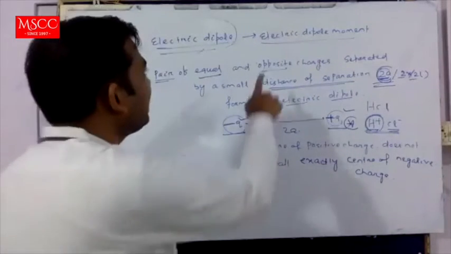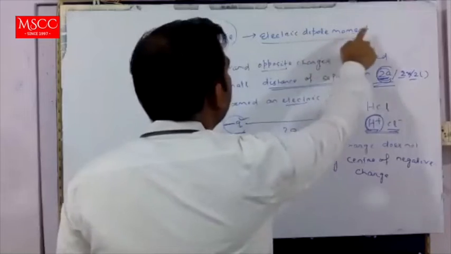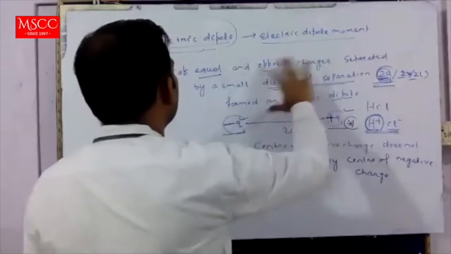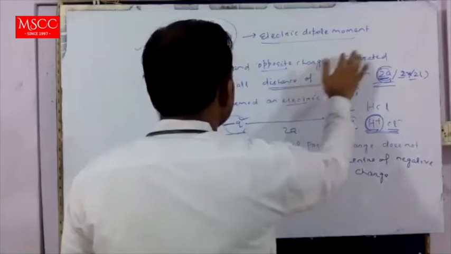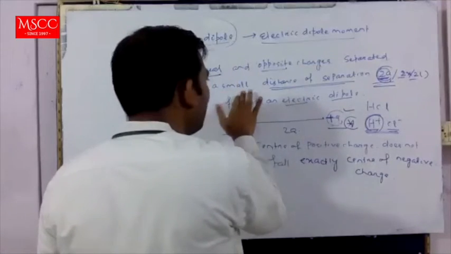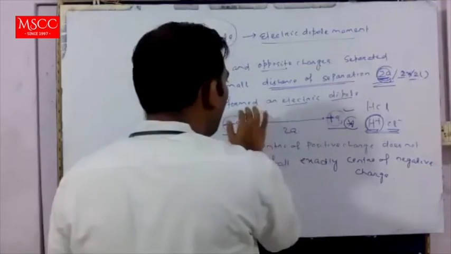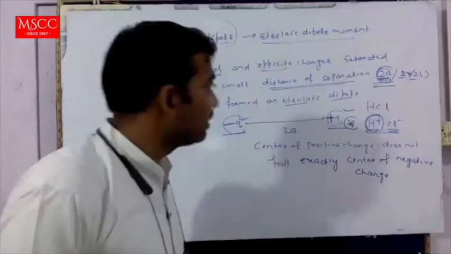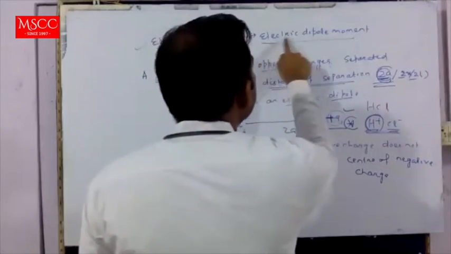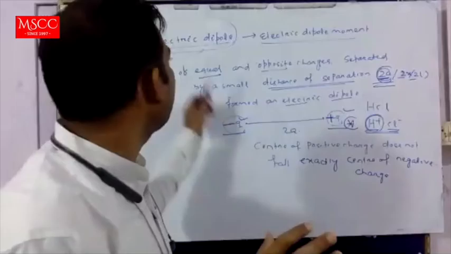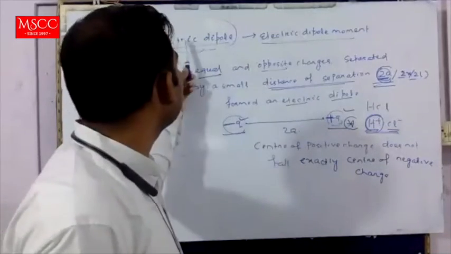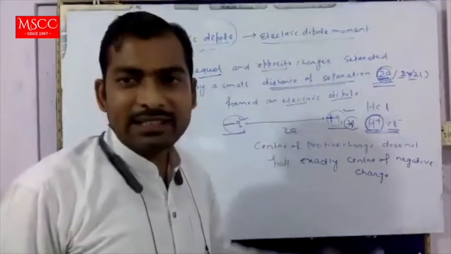Next part is electric dipole moment. This is electric dipole: a pair of equal and opposite charges separated by a small distance of separation forms an electric dipole. What is the difference between electric dipole and electric dipole moment?